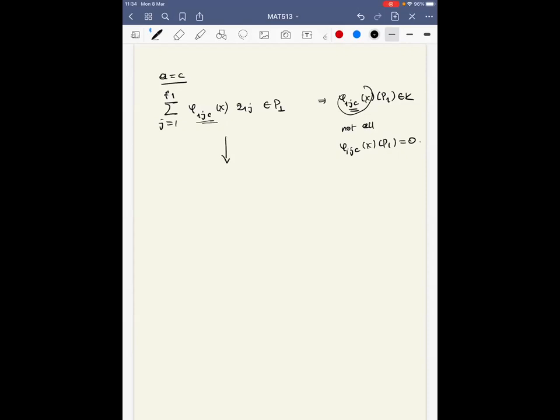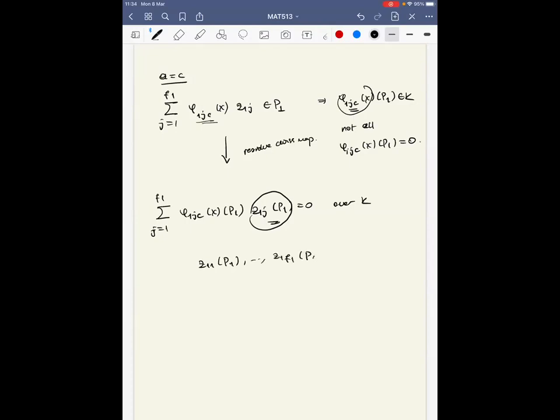And here, if we apply the residue class map to this function, we will obtain a non-trivial combination of the elements in the residue class field Fp1.